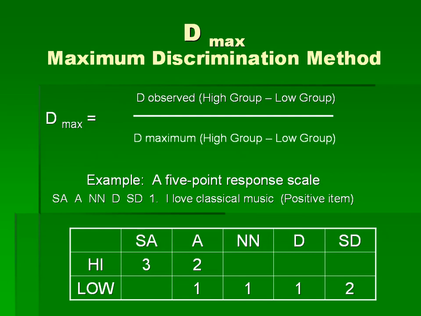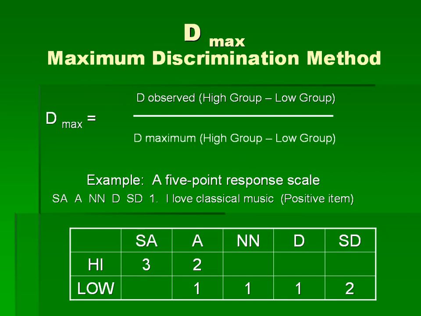So we're looking at an example here where we have a sample of a 5-point response scale, and the item, let's say, is a positive item, which says simply, I love classical music. What we have below in this little grid is the actual responses, the D observed, of this hypothetical population that we administered this attitude scale to.